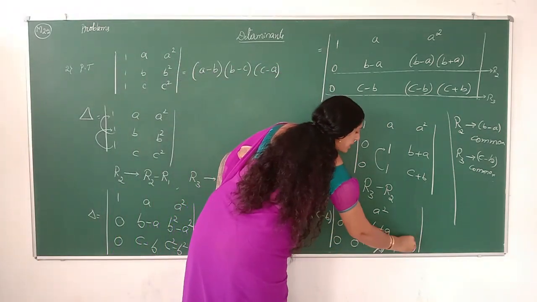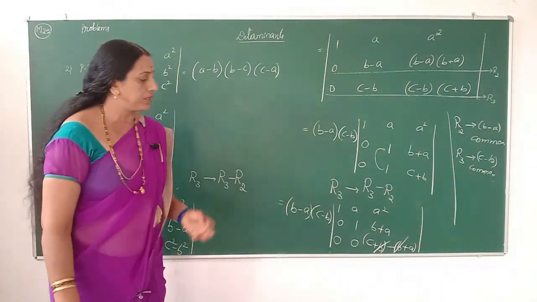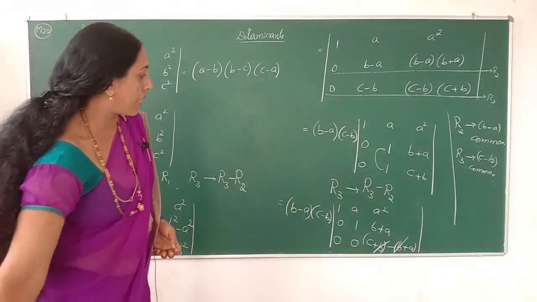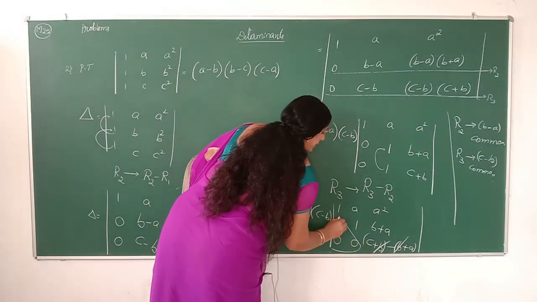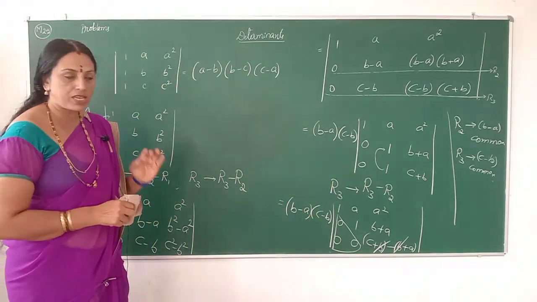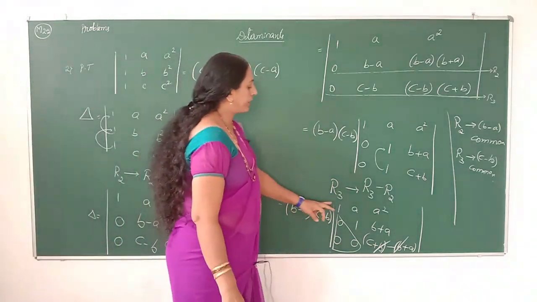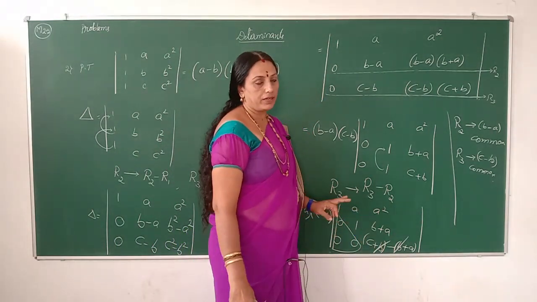The b minus b cancels and the remaining element is c minus a. Then we apply the property of the determinant: if one side of the diagonal elements is 0, then the value of the determinant is the product of the principal diagonal elements.